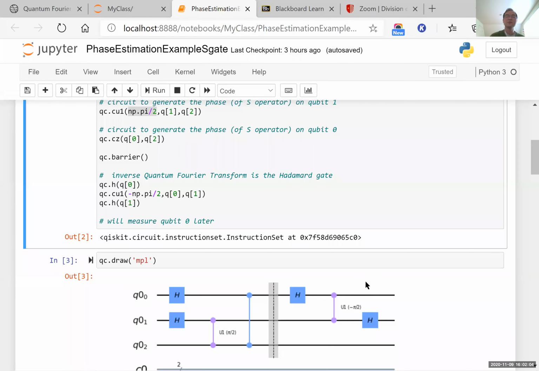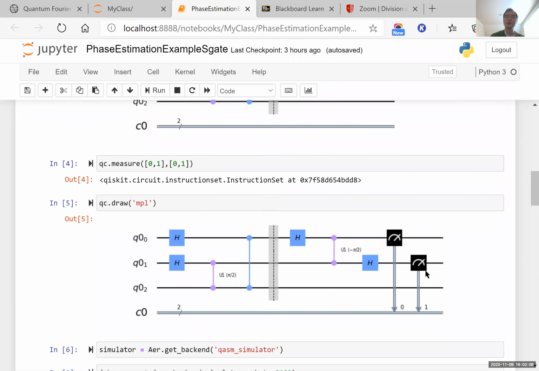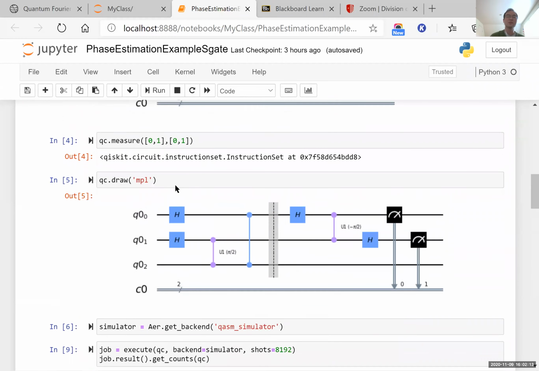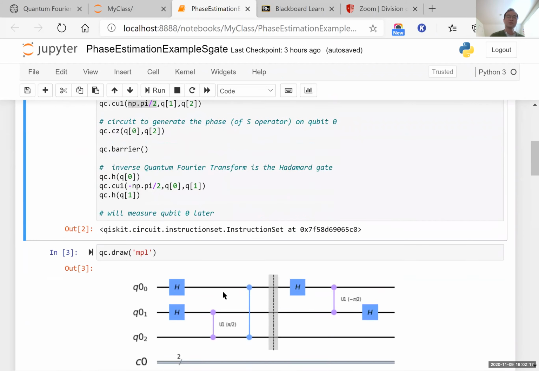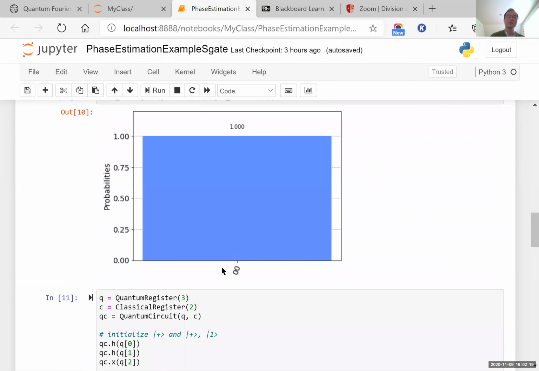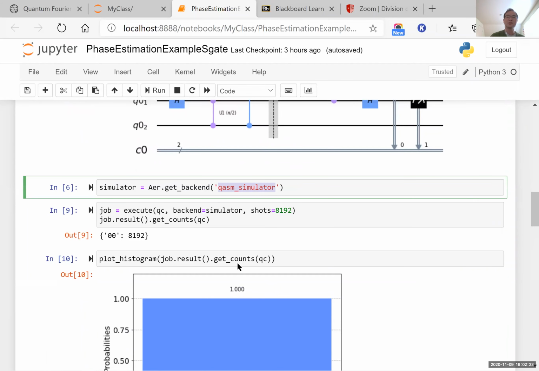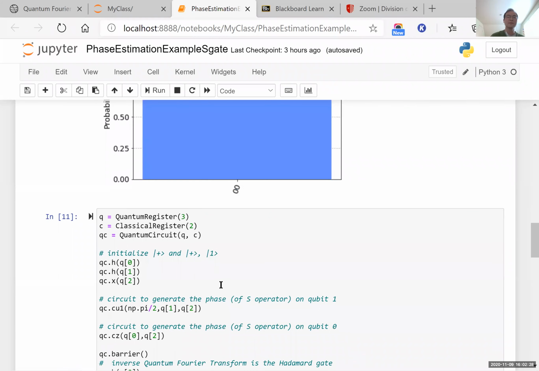Then I do the measurement, and I append the measurement here. And you can do the simulation. This is preparing the eigenstate 0, so you see the phase should be 0. This is using the simulator, so there's no noise. Of course you get 100% 0, 0 here.